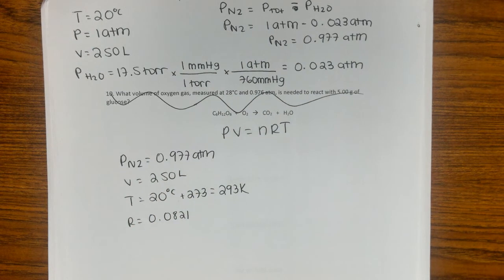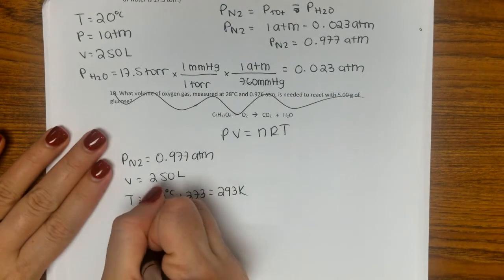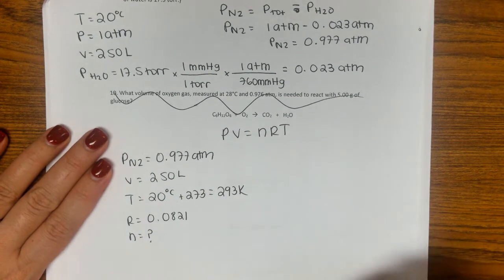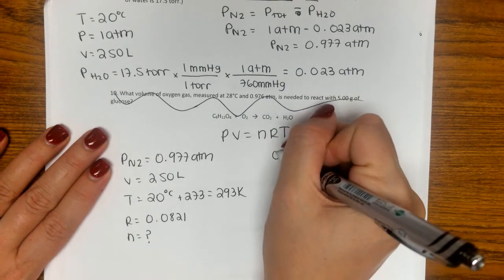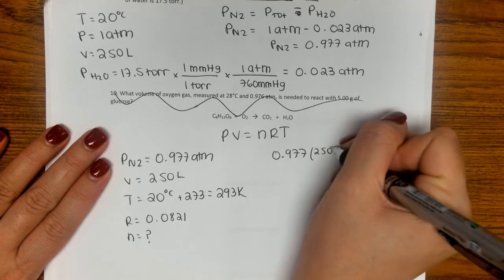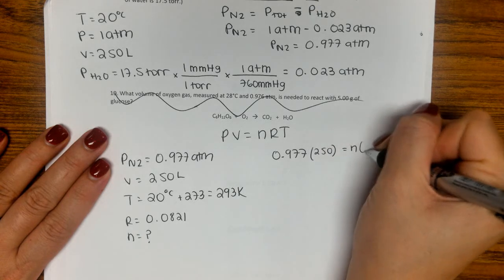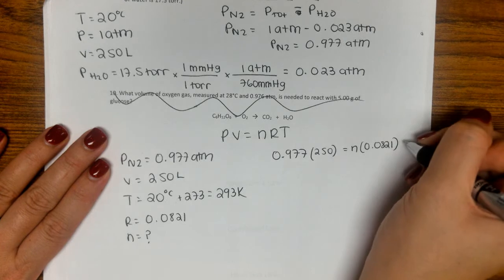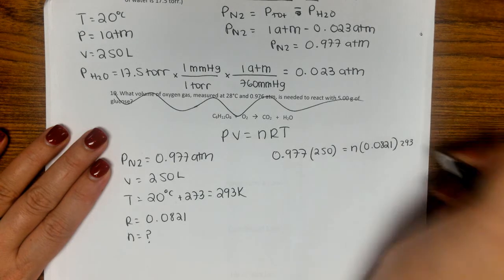So we don't know N. But that is the only letter we're missing, so we can plug this into the ideal gas law. 0.977 times 250 equals N times 0.0821 times my temperature, 293.